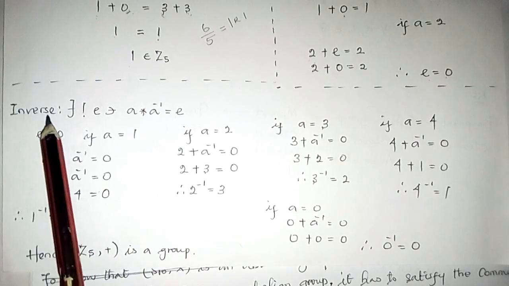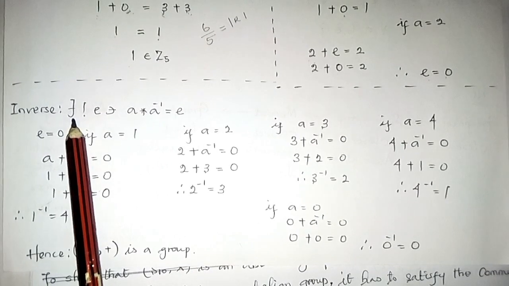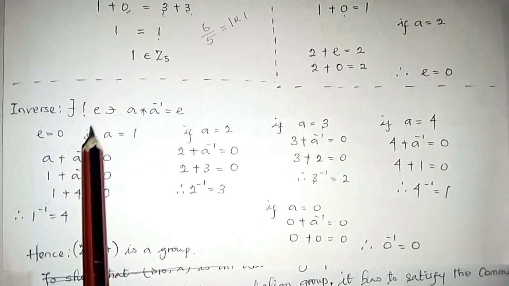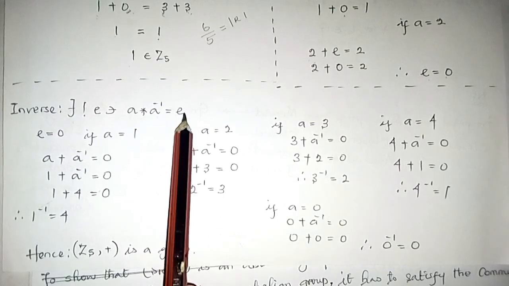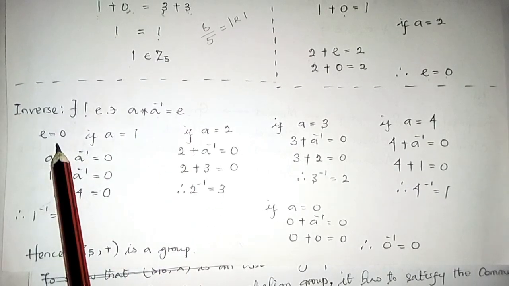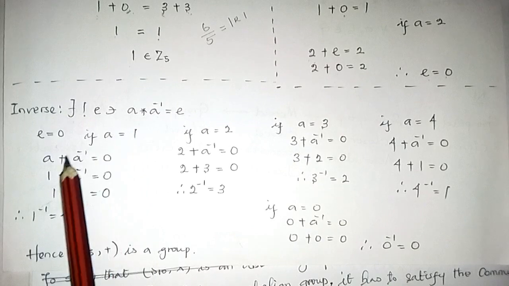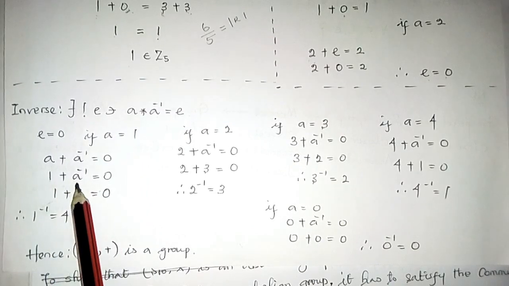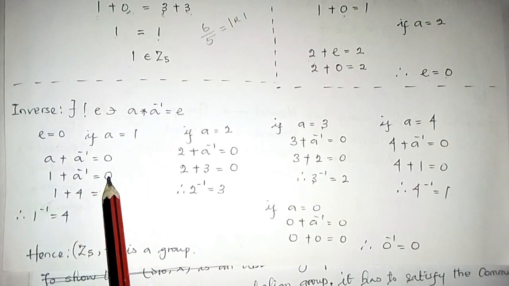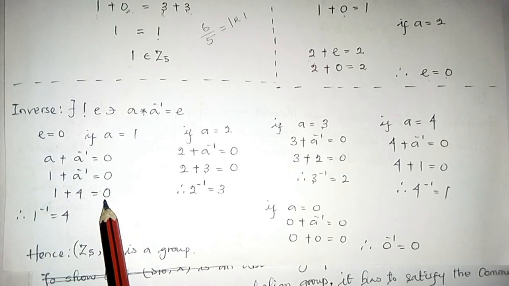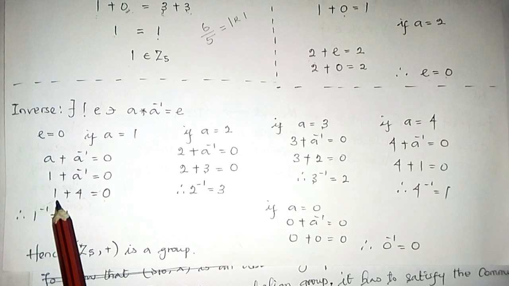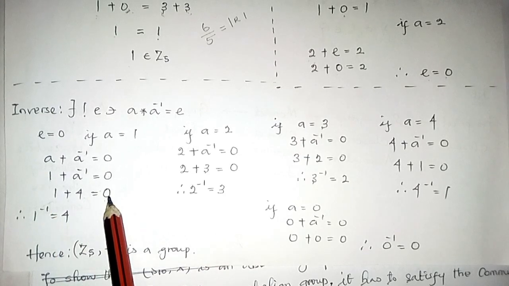So here it is. The inverse states that there exists a unique element e such that a plus a inverse equals e. And recall that e equals 0. So if a is equal to 1, we have 1 plus a inverse equals 0. 1 plus 4 equals 0. How can 1 plus 4 be equal to 0?